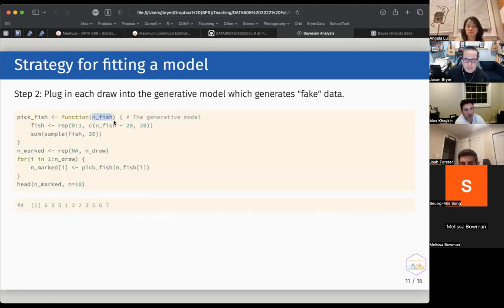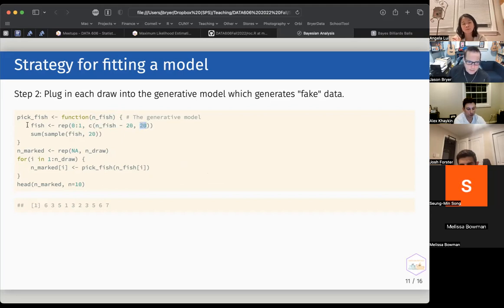So let's just say it's 100. I'm going to repeat 0, 1. So 100 minus 20 because I have that floor, and I'm going to repeat 0, in this case, 80 times, and then I'm going to have 20 ones.